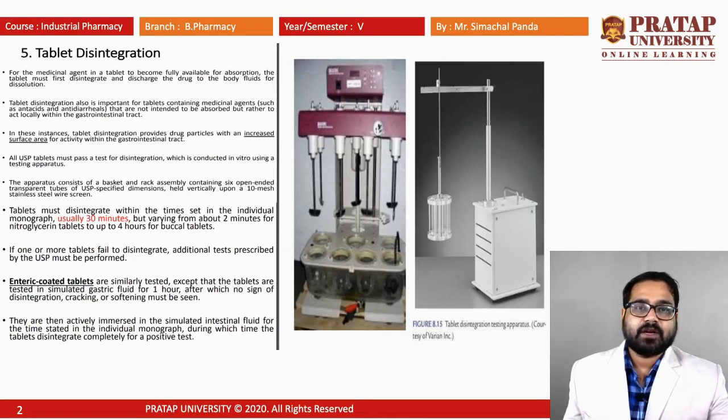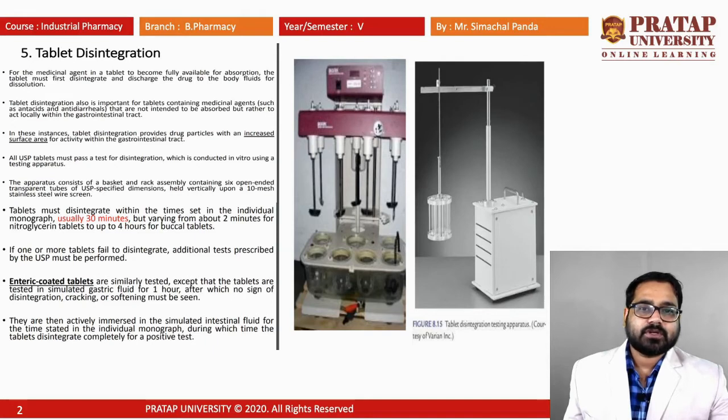From that, the drug has to be released slowly and come to the bloodstream. So in vitro we have to go for different analyses related to the release of the drug. The amount of drug that comes from the dosage form to the systemic circulation is known as bioavailability.